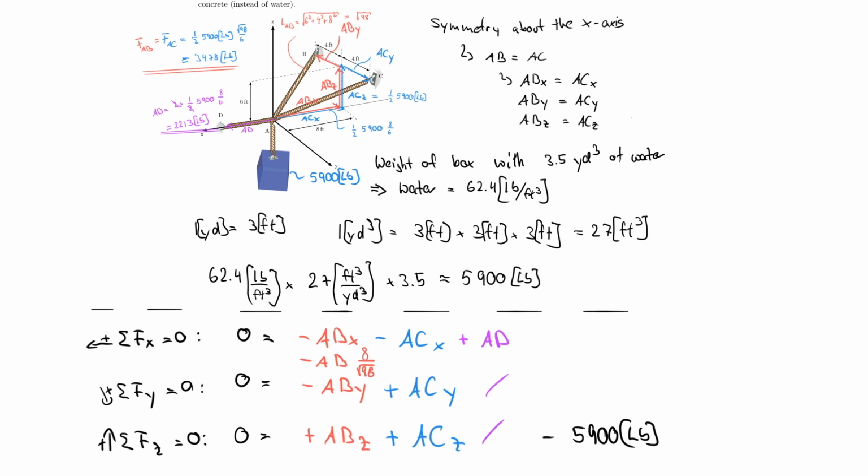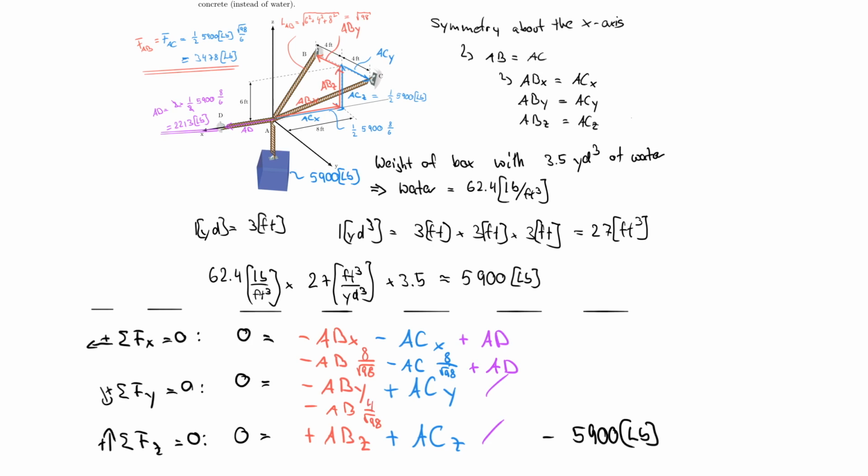And the same is true actually for AC. So minus AC square root of 98 multiplied by 8 plus AD. For the y direction, it would be almost the same thing, except AB divided by square root of 98. And now in the y direction, it is multiplied by 4, right?